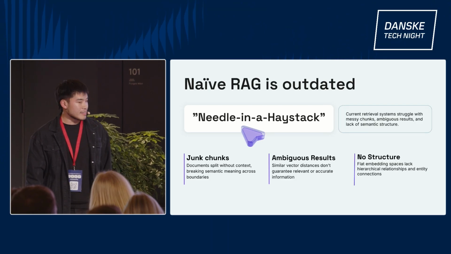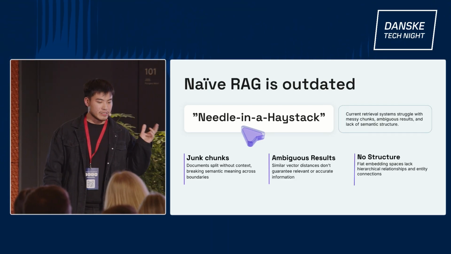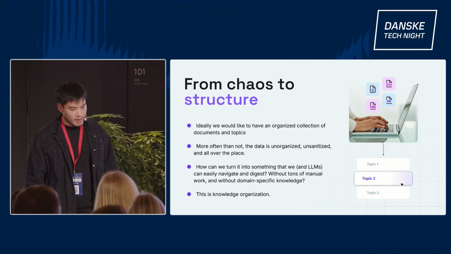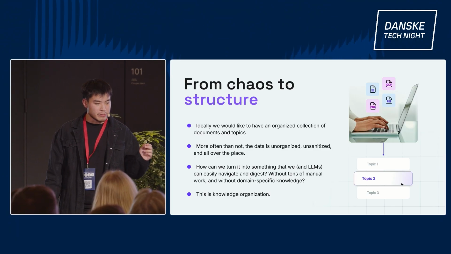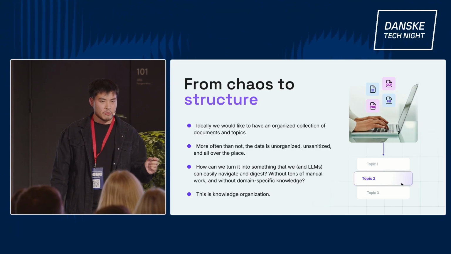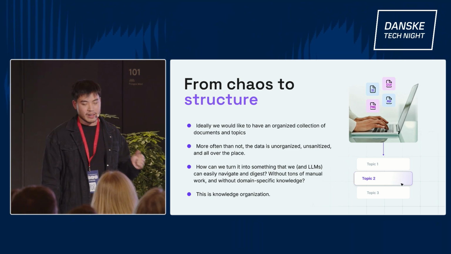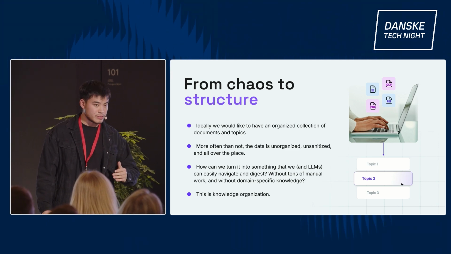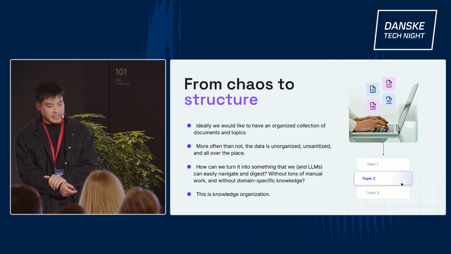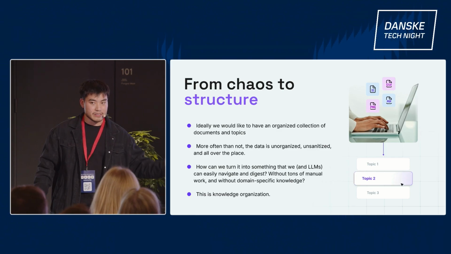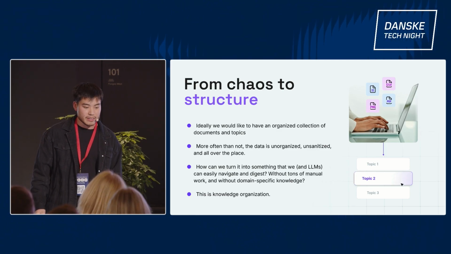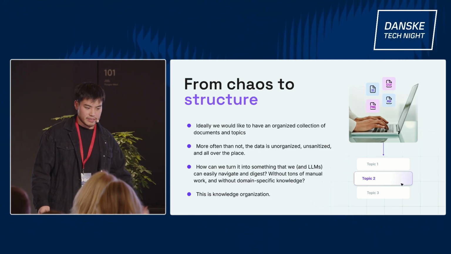And also, lastly, what if the structure is not there yet to support it? This brings us to a very important point: we need this structure for RAG to work. Otherwise, it will just be chaotic. And the reality is that more often than not, your data will be unorganized, unsanitized, and completely all over the place.